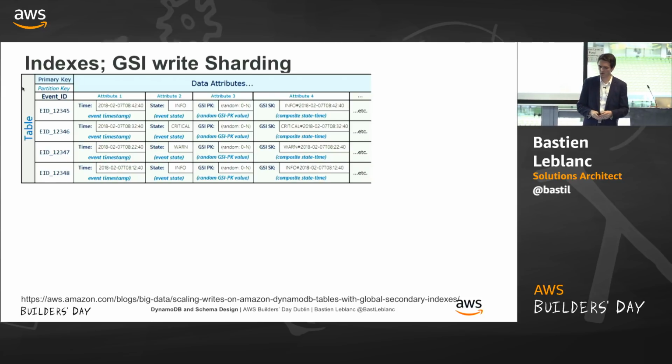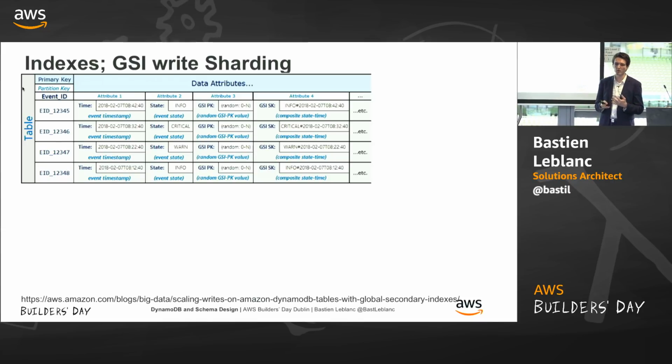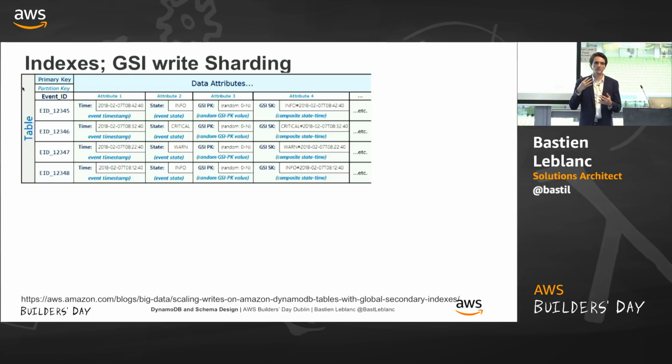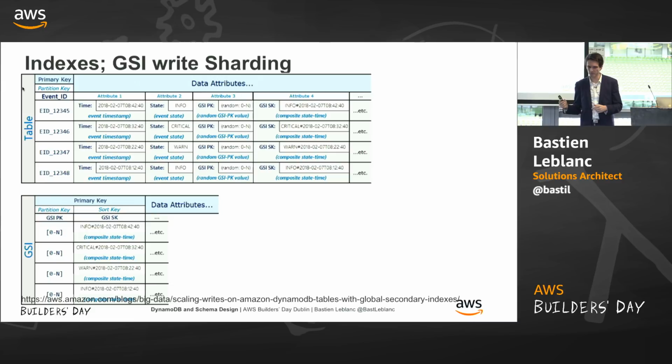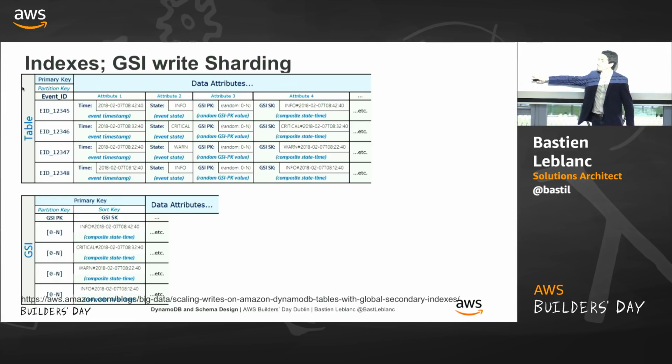So that's a more advanced example of a writing problem. If you want to write heavily on a table, then you can get quite limited on the throughput, or you will pay a lot on write capacity you need just to get things written. So the idea is to create a GSI on a random key here from 0 to n.